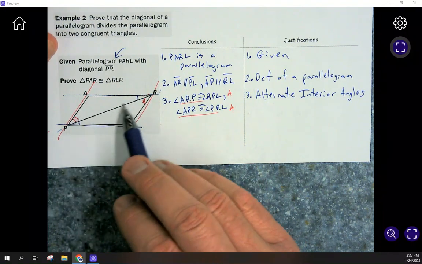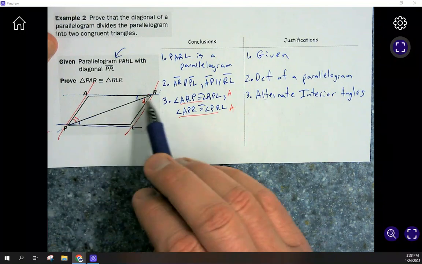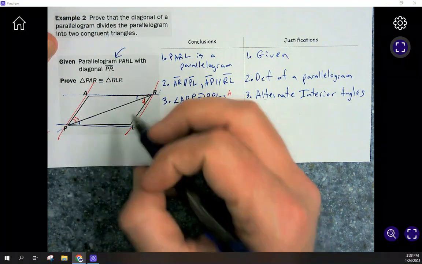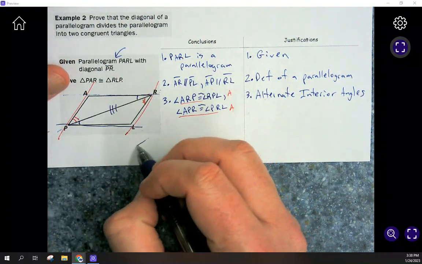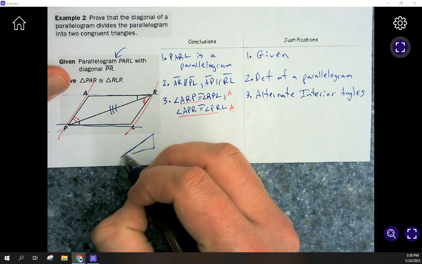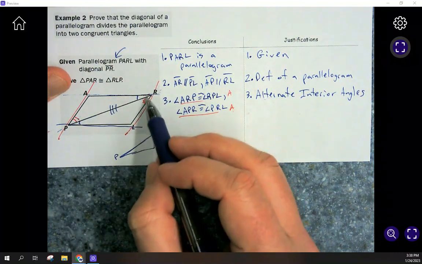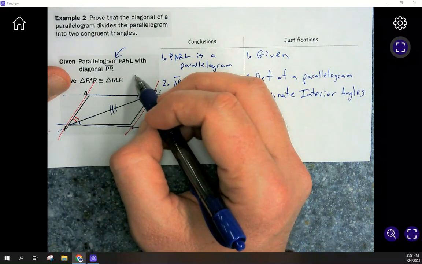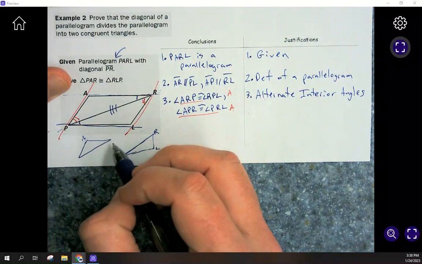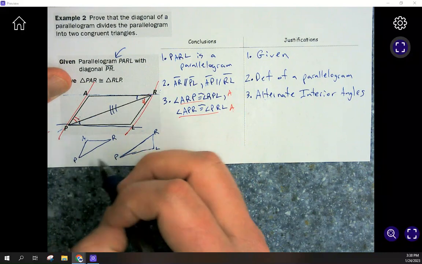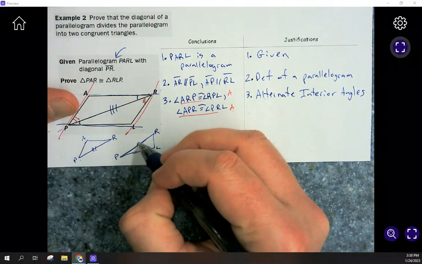So this triangle APR and this triangle LRP, they both have this side between R and P. And so that side obviously matches itself. You could redraw these separately. So here's R, L, P, this triangle right here. And then you could separate this one, A, R, P. And notice RP has to match RP.